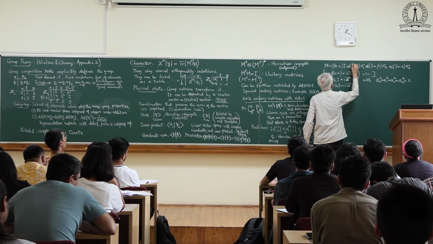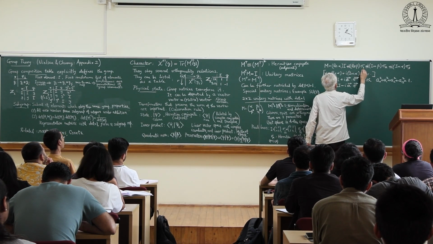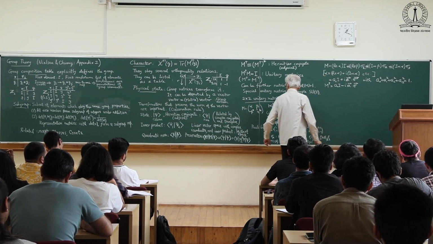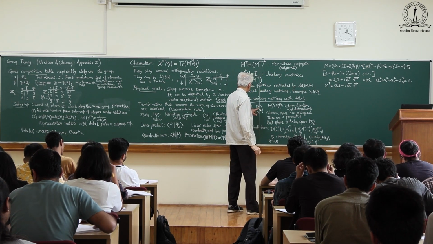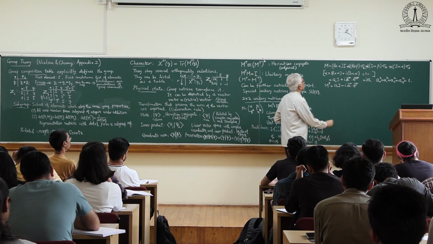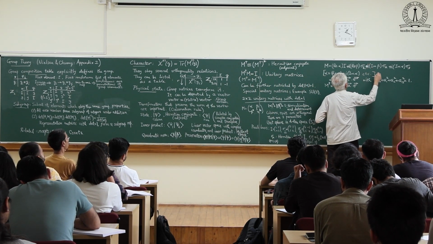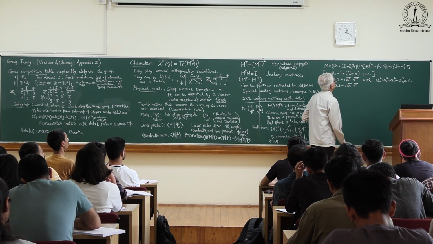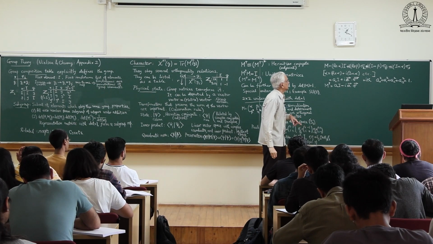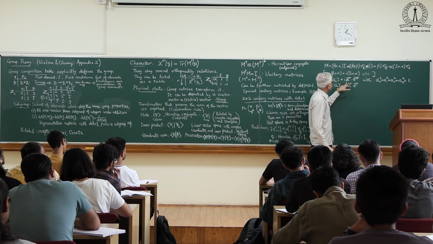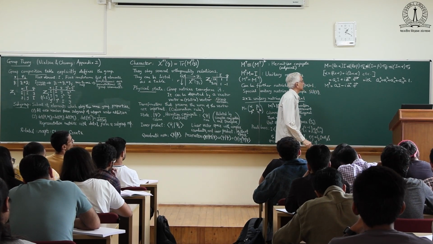So this is sigma 2, and the imaginary part has the same sign on both sides, and this is equal to 1. Okay, that will fix the overall factor of i coming in front of everything and give this notation.